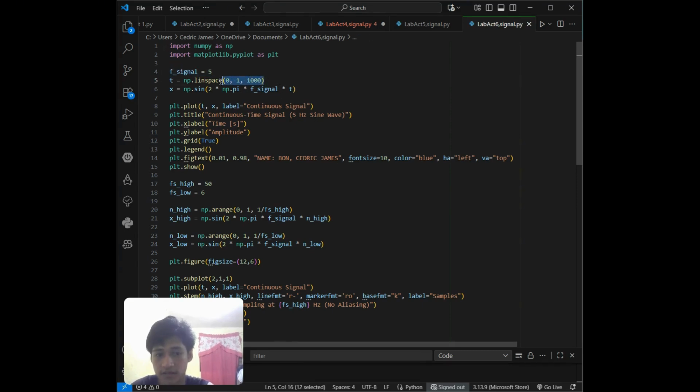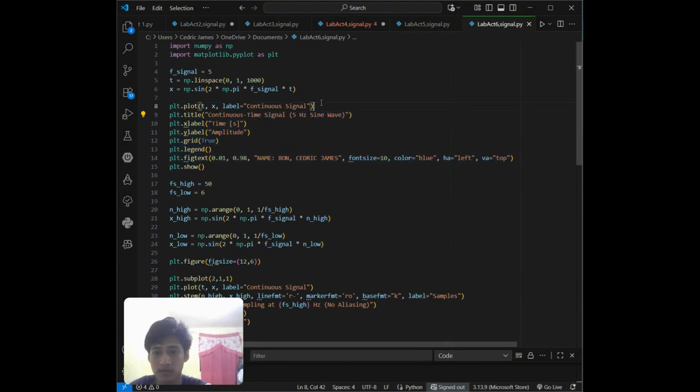This line creates a time array from 0 to 1 second with 1000 equally spaced points, a smooth time base for continuous signal plotting. The x generates a sine wave of 5 Hz using this formula, 2 times np.pi times f_signal times t.